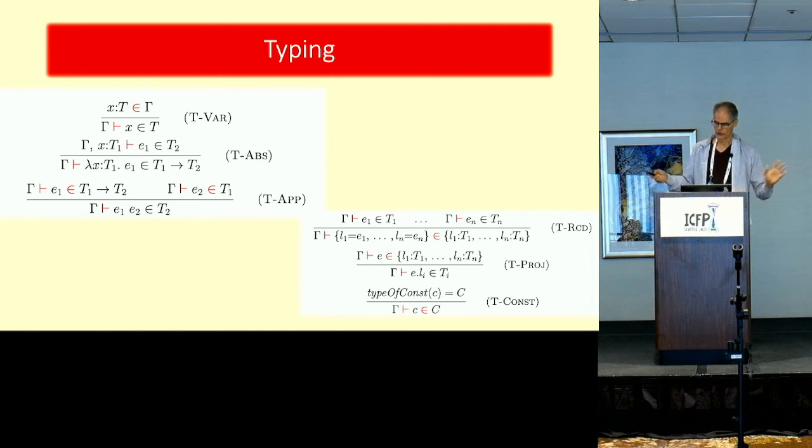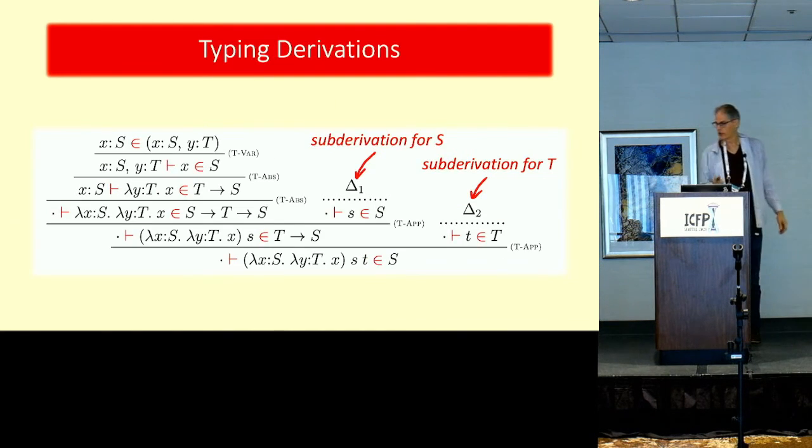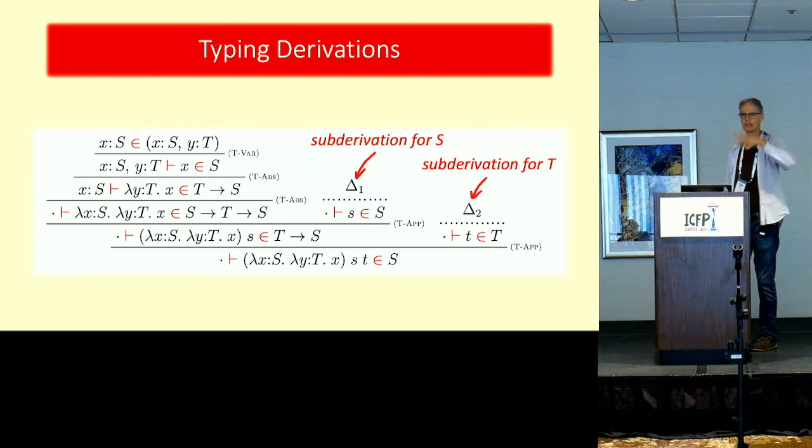Okay, all very familiar. Probably also familiar, but let's look at it, is the notion of typing derivation. So a minute ago we saw a derivation for a step in the operational semantics. Here is a derivation for the fact that this function, which we saw in an example a little bit ago, has type S, assuming that little s has type capital S. So here's the whole typing derivation, except I'm leaving out some parts because S and T are some terms that I don't care about exactly what they are.